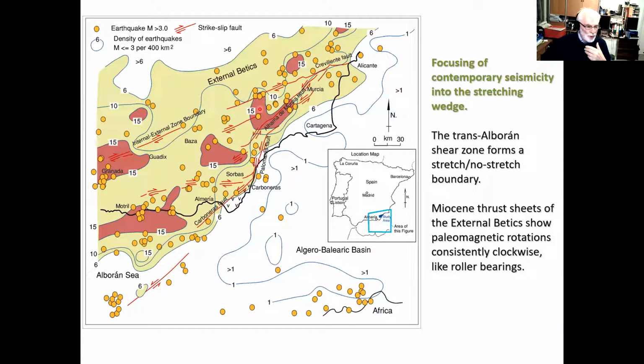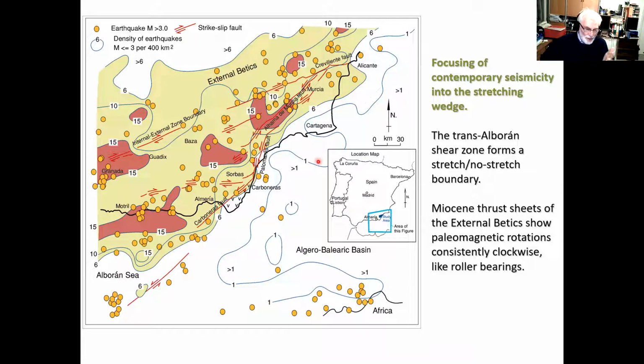And superimposed on top of that, you've got these circles representing the larger earthquakes, and the colored contours are the smaller earthquakes, the ones that are smaller than about local magnitude 3. And you can see how the Transalbaran fault system effectively acts as a boundary between seismically active material and much less seismically active material. So the fault system is a boundary between deforming and less deforming crusts.